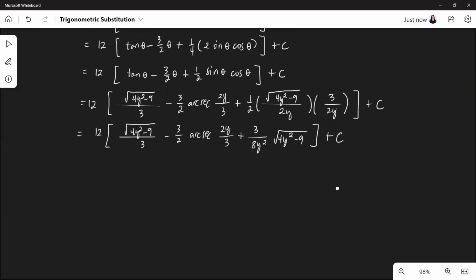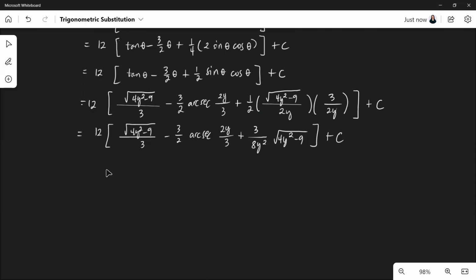If you want to combine the 4y squared minus 9 here, you can also do that. Or if you multiply 12 to each of the terms here, you can also do that. So 12 times this is 4 square root of 4y squared minus 9, and so on.